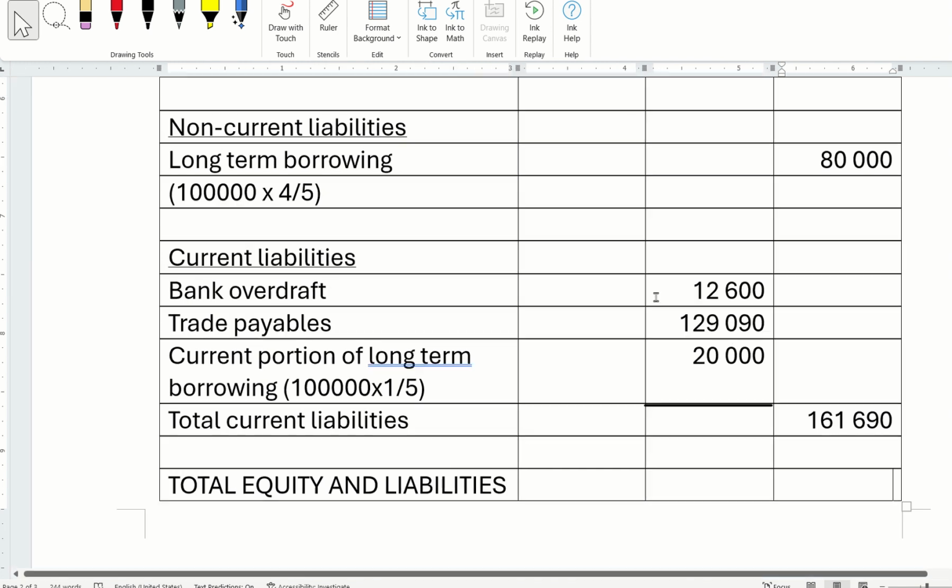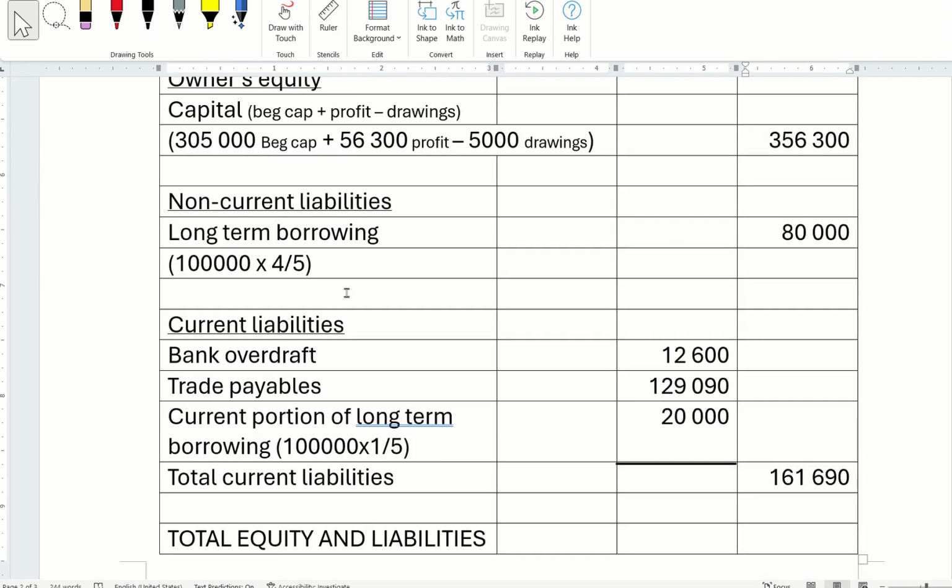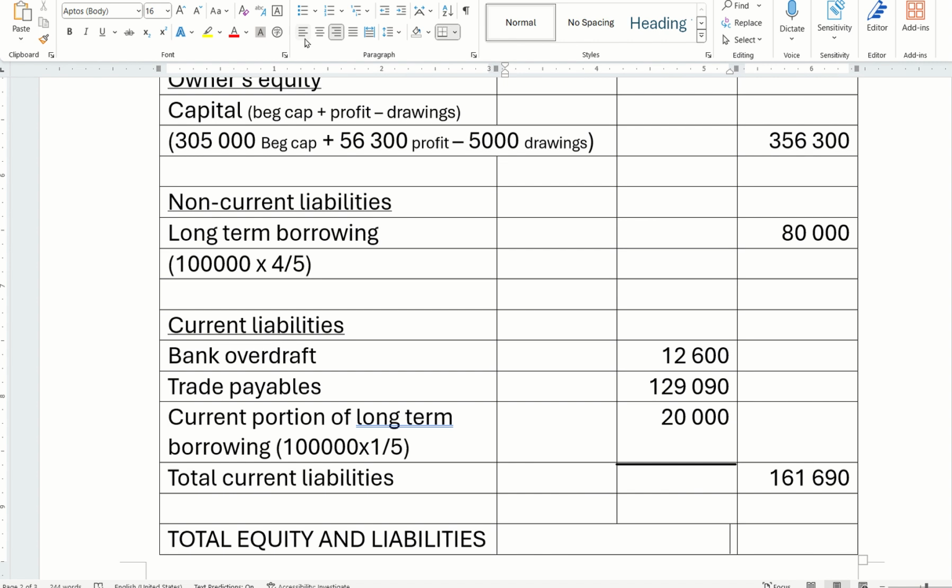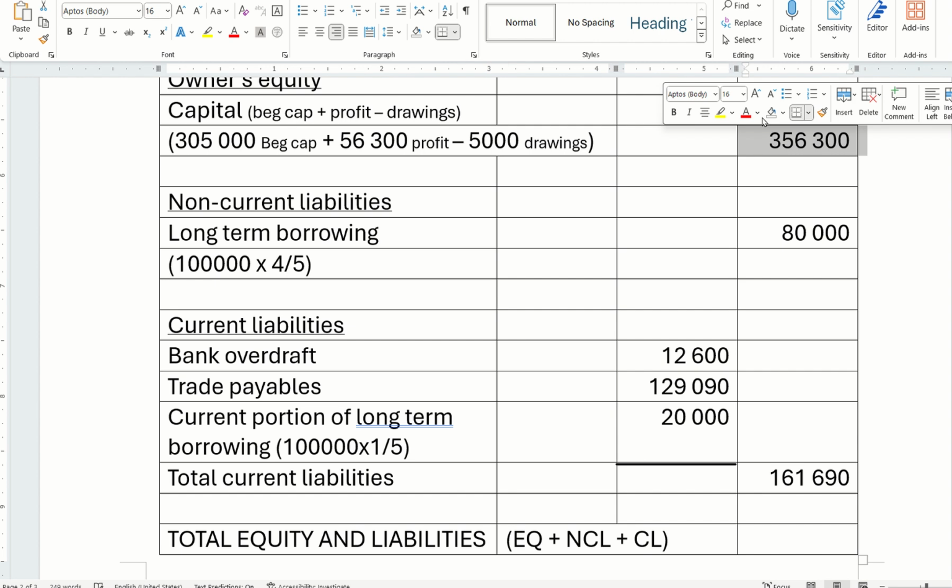And I'm going to add up the three numbers. Which three numbers should I add up? The three numbers that I should add up will be my equity and my NCL and my CL. These three numbers need to be added up together. So where are the three numbers? Here's the first number, equity, NCL, and CL.